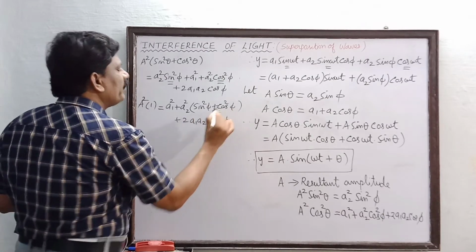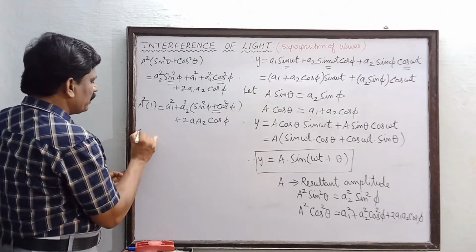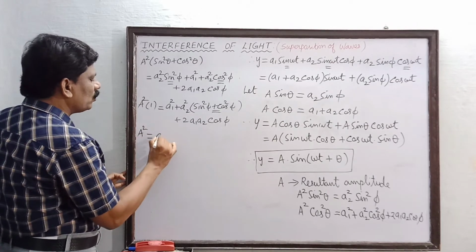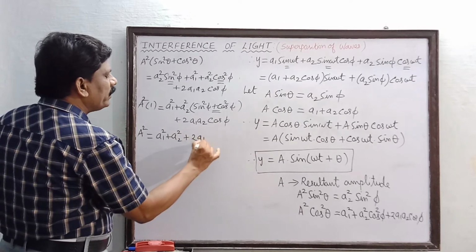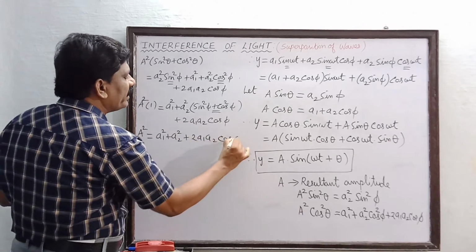Therefore A square is equal to A1 square plus A2 square plus 2 A1 A2 cos phi.